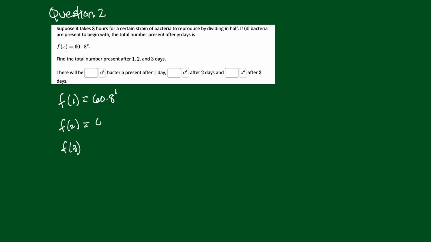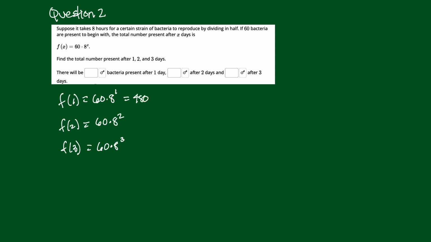F of 2 is going to look like this, 60 times 8 squared. F of 3 is going to look like this, 60 times 8 cubed. On your calculator, we can probably do this one in our head. 8 to the first is 8. And then 60 times 8, well, 8 times 6 is 48. So that's going to be 480.